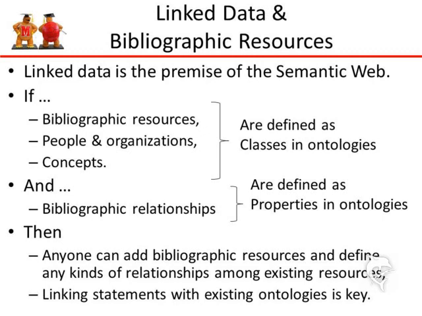There's a relationship called recipient that exists between a letter and a person. There's a relationship called owned by that exists between an agent and a thing: a thing is owned by an agent. So you can define any kind of relationship you want.